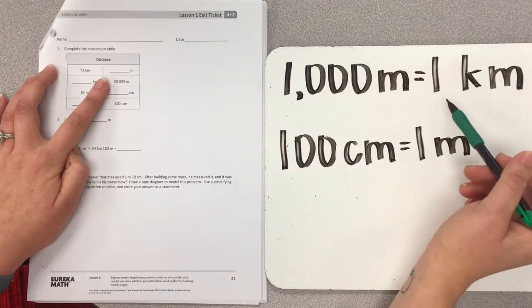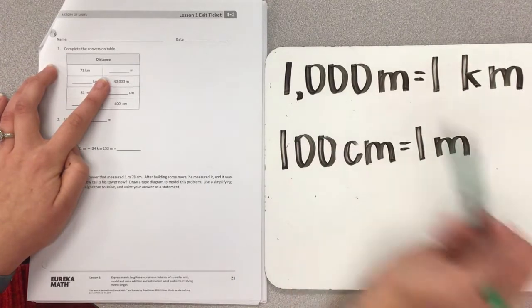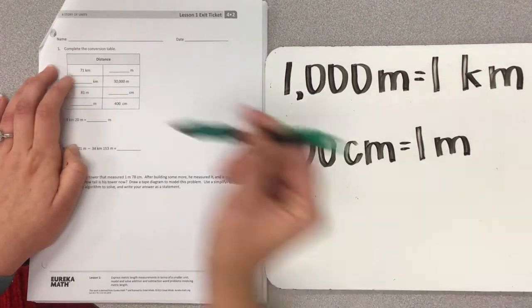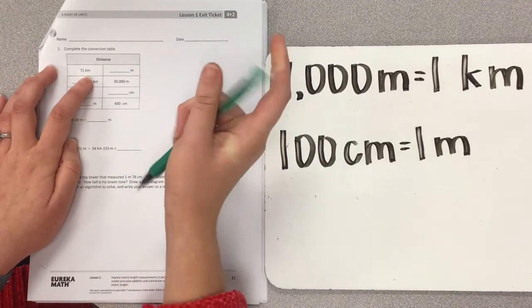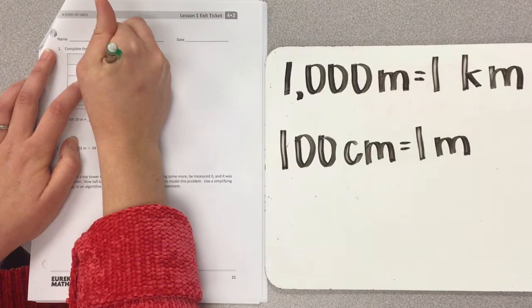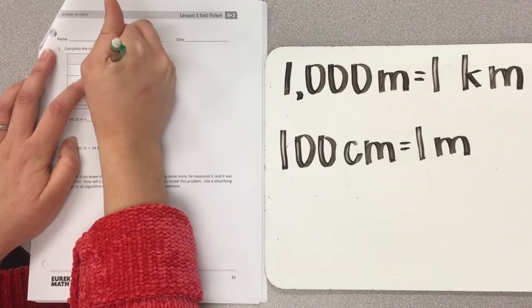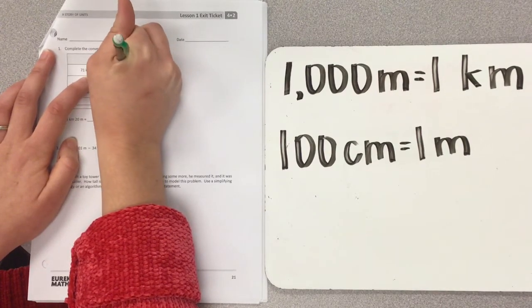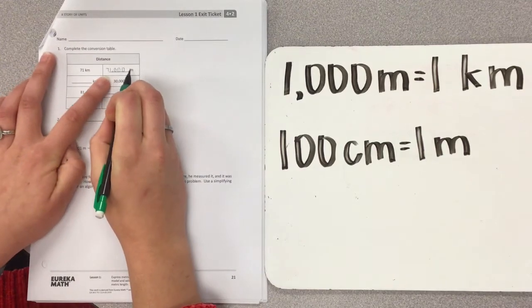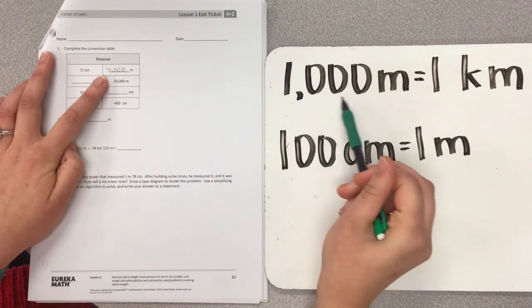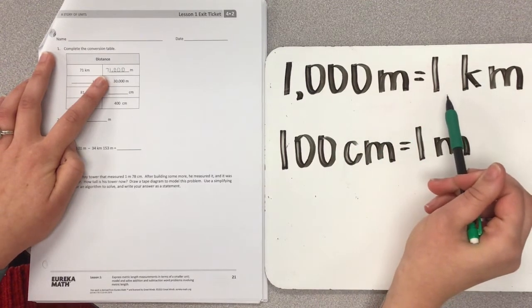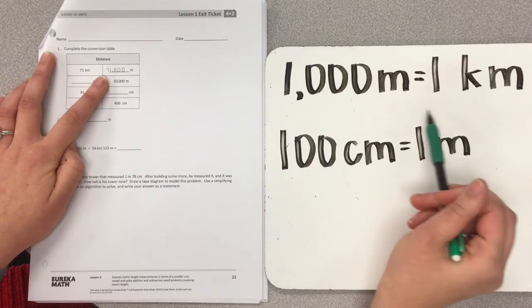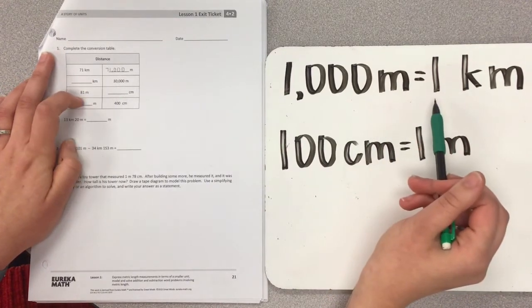So if I have 1 kilometer, I have 1,000 meters. If I have 71 kilometers, ooh, here's a freebie for you. That means I have 71,000 meters. I'm just taking the same amount of zeros at the end of the number 1,000 and putting that onto how many kilometers we have to show 1,000 times more.